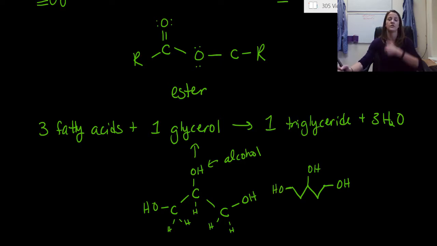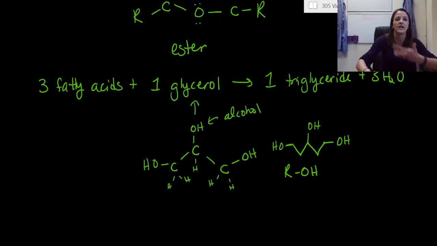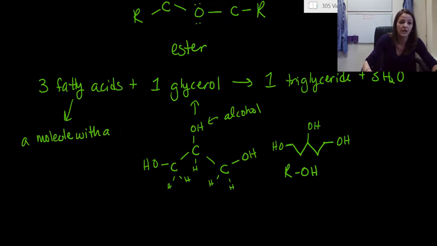So now we've introduced the term ester. We've also introduced an alcohol. So an alcohol is your R OH, okay? So now that's a glycerol. So now a glycerol has to be bonded to 3 fatty acids. Well, I keep saying fatty acids, but I don't expect you to know what that is, so let's give a definition. So a fatty acid is a molecule with a long hydrocarbon chain.